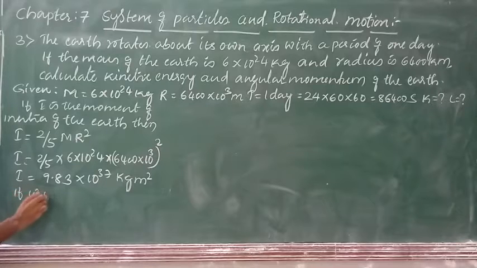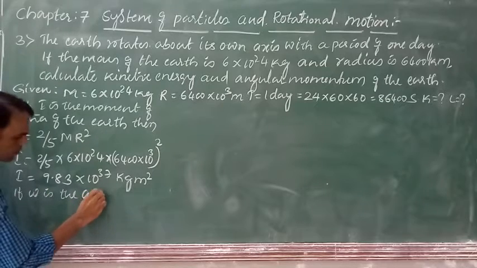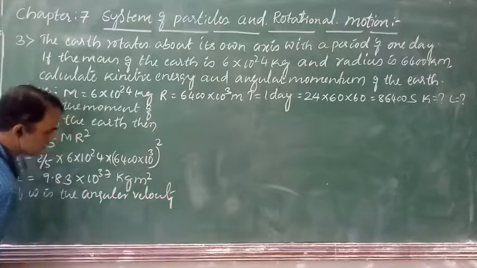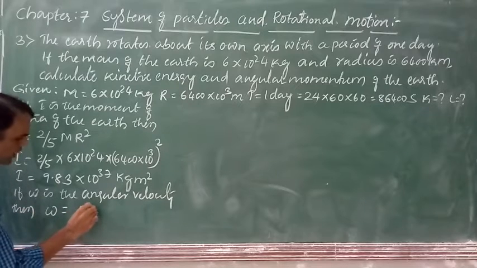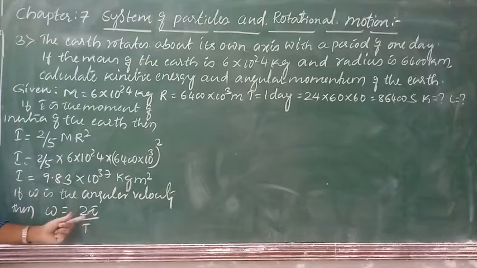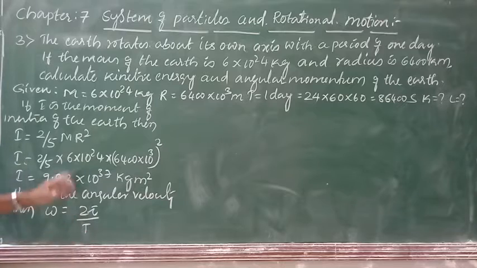If ω is the angular velocity, then ω is angular displacement divided by total time. Angular displacement to complete one rotation is 2π, divided by T, the time taken by the Earth to complete one rotation.